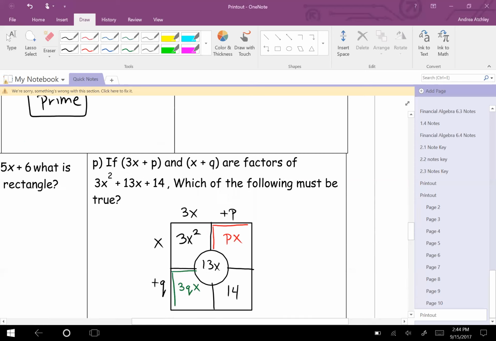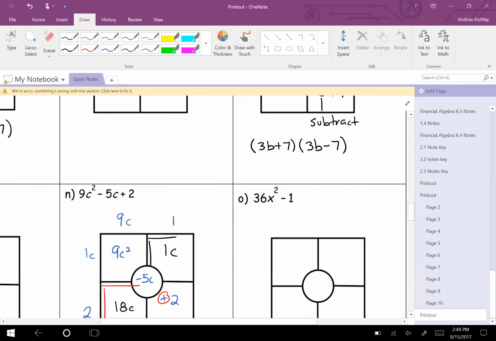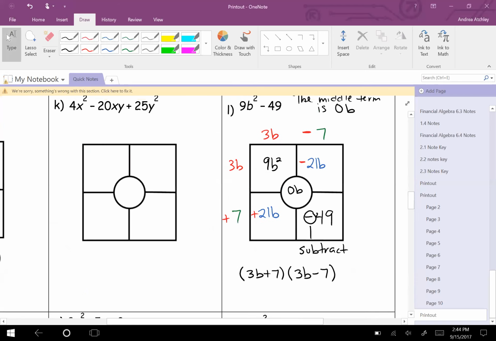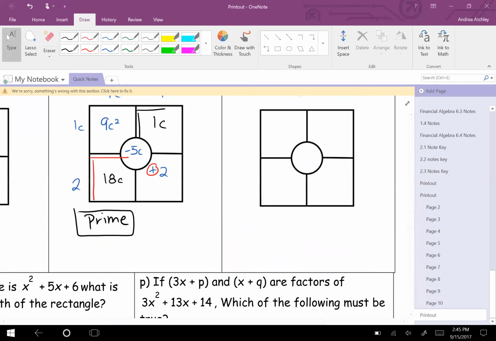Let's look back here. How did I know that this was a correct solution? The middle term, right? These two combine to give me this. So that's what they want to do here.